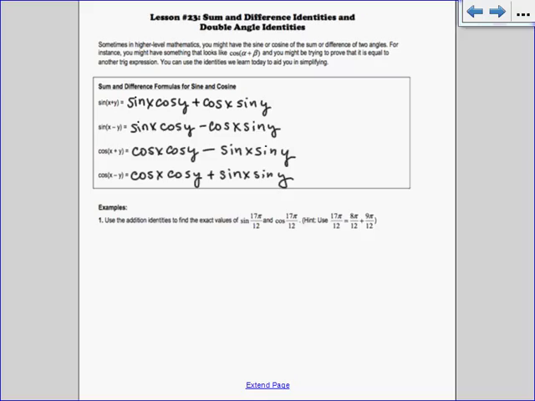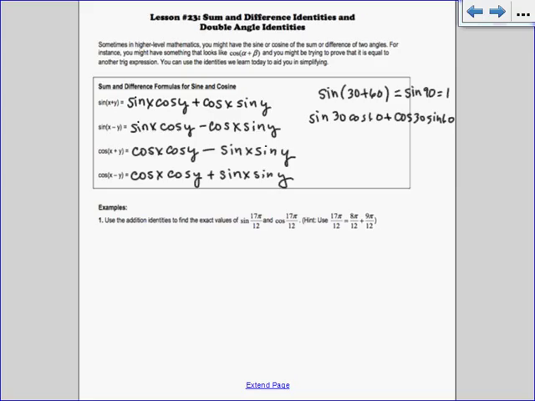If you get stuck, then you can always think about things that you do know. So maybe you do 30 plus 60. You're like, oh, I know that that's going to be sine of 90, which is 1. So then think, okay, is that sine of 30 cosine of 60 plus cosine of 30 sine of 60? And you can kind of go through those.